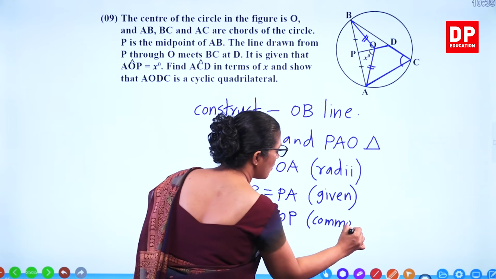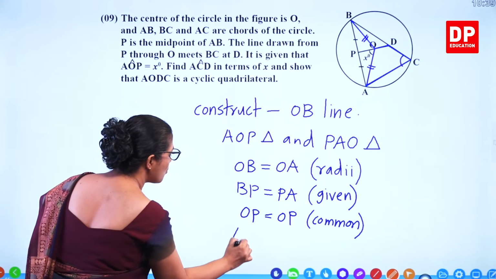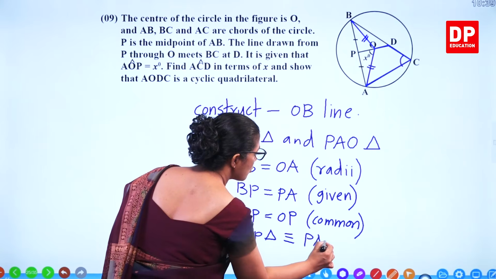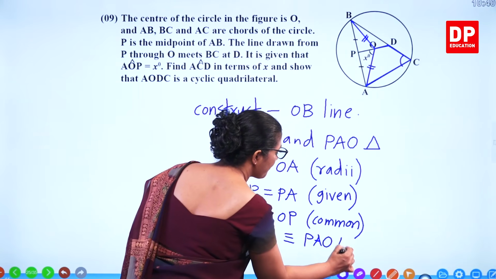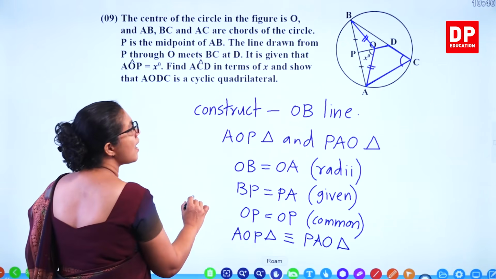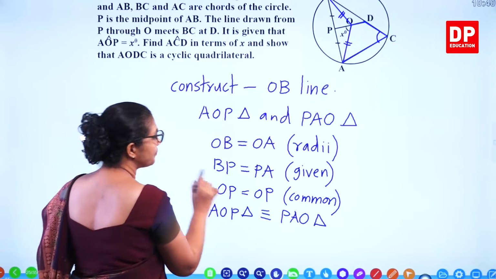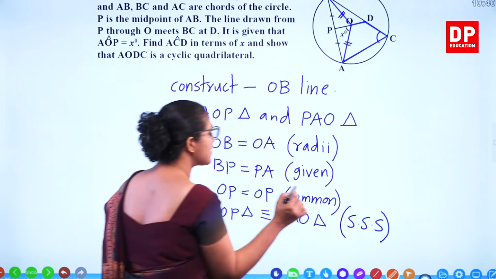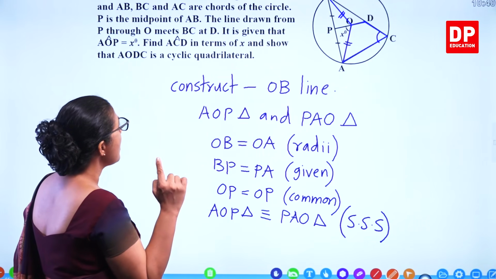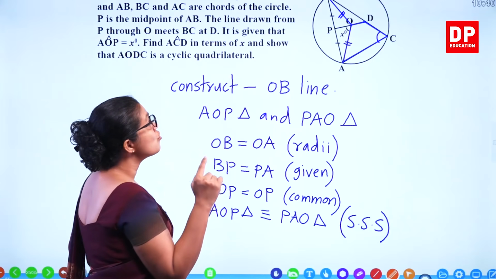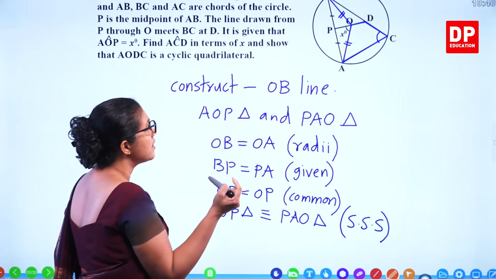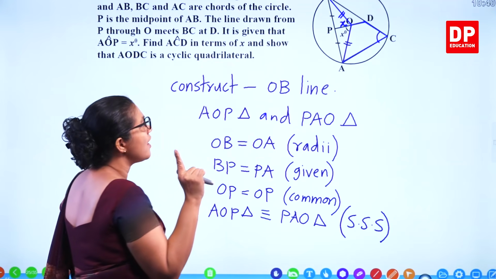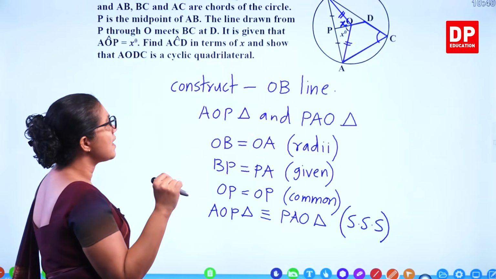So we can say these two triangles are congruent because of side, side, side. All corresponding sides are equal. So if these two triangles are congruent, this is X. So straight away you can write down that one, because congruent elements are equal.